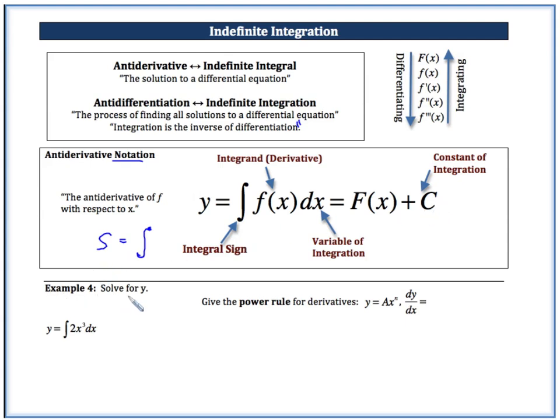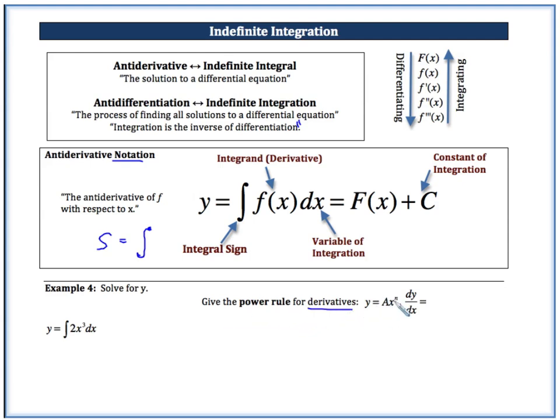So for example 4, we want to solve for y. We want to figure out what the integral of 2x cubed is with respect to x. Okay, so basically we're going to have to think backwards. What function gave us this derivative? So if we remember, here is the general power rule for derivatives.